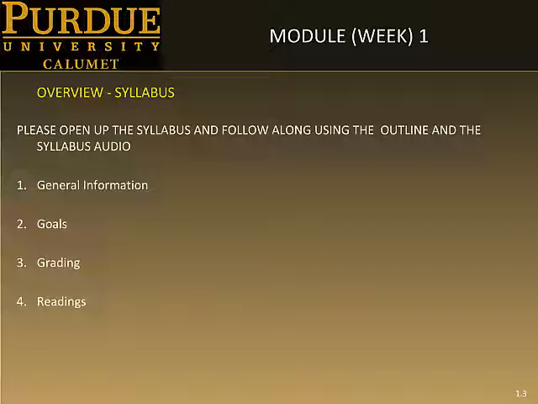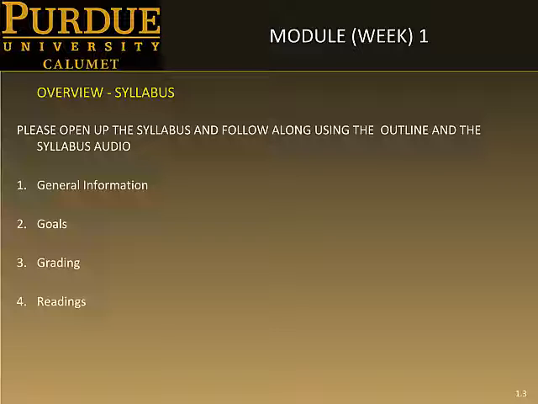We are now going to overview the course syllabus. So please open up the syllabus, follow along using the outline below, the syllabus audio, and the notes under PowerPoint number 1.3. There are 4 basic categories or parts to the syllabus.